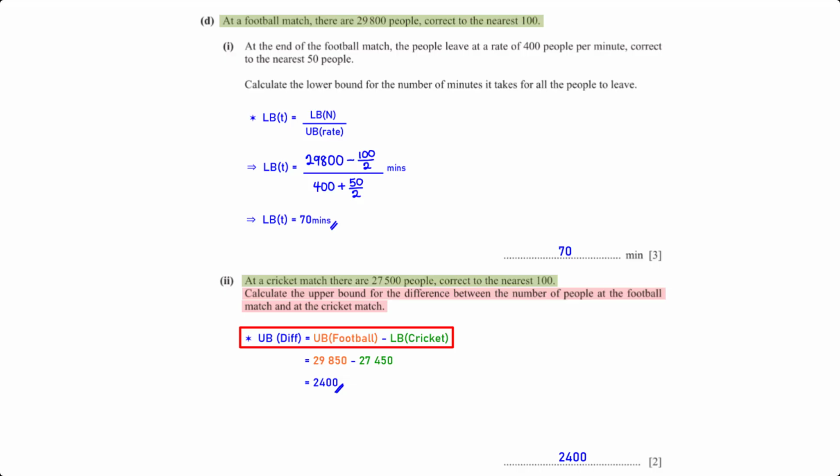To get the upper bound of the number of people at the football match, we add 100 divided by 2 to 29,800, which gives us 29,850. For the lower bound of the number of people at the cricket match, we subtract 100 divided by 2 from 27,500, which gives us 27,450. This gives us 2,400.